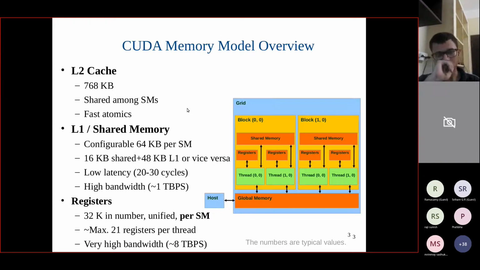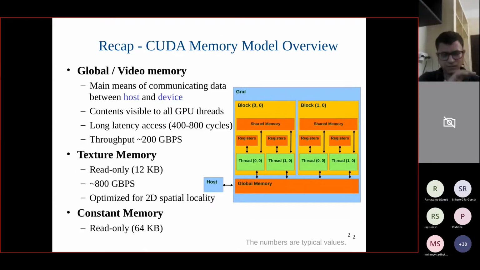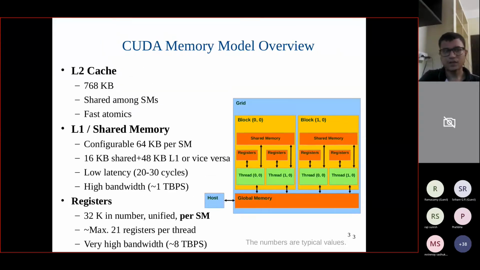So apart from these things, which are texture memory, constant memory, and global memory, we have three other things, which are L2 cache, L1 cache, which is also known as shared memory, and registers.